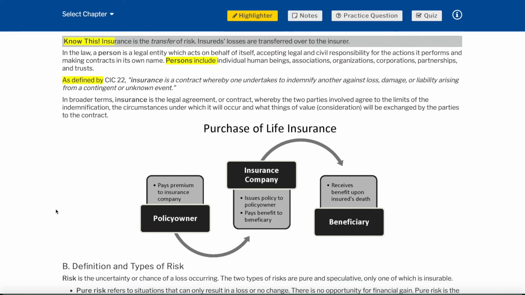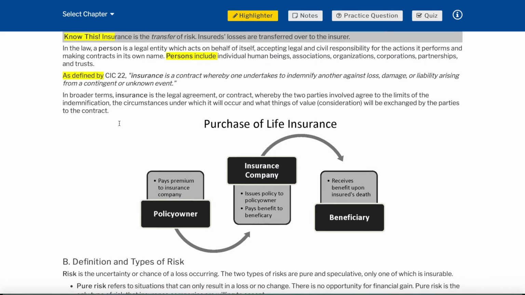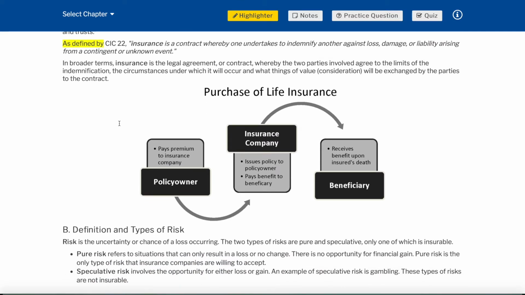Insurance is a contract whereby one undertakes to indemnify another against loss, damage, or liability arising from a contingent or unknown event. In broader terms, insurance is the legal agreement or contract whereby the two parties involved agree to the limits of the indemnification, the circumstances under which it will occur, and what things of value, consideration, will be exchanged by the parties to the contract.